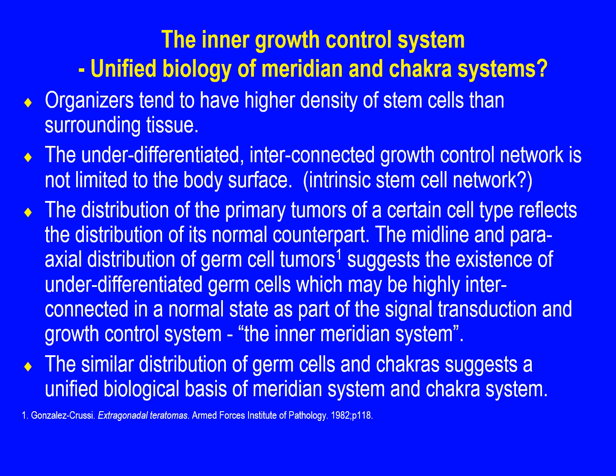And this pattern resembles another well-known system called the chakra system. And this suggests that the meridian system in acupuncture and the chakra system may have a unified biological basis.